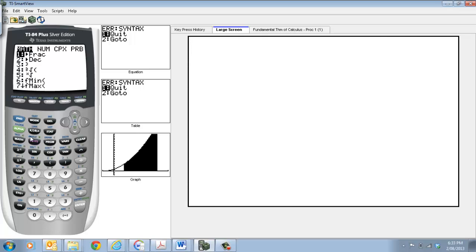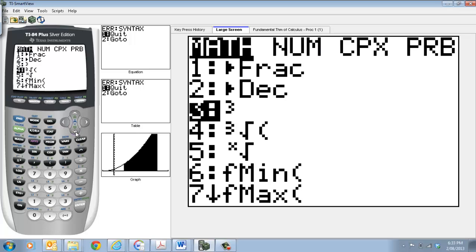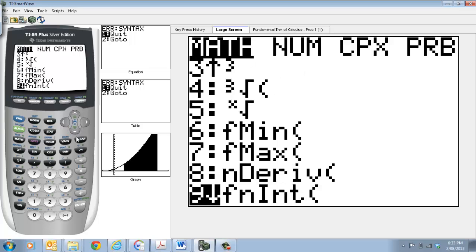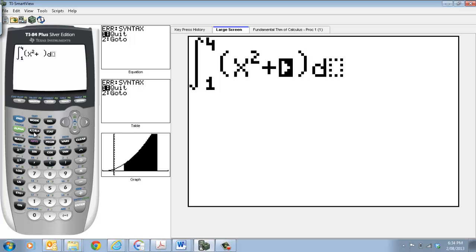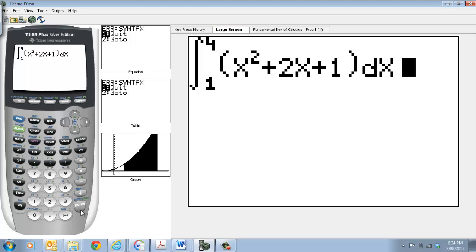So if we go to math, scrolling down to my fint, I'm going from 1, using an up arrow, going to 4, going across with the arrow, I'm going to put in my function, which is in fact x squared plus 2x plus 1, and then I'm doing that with respect to x.